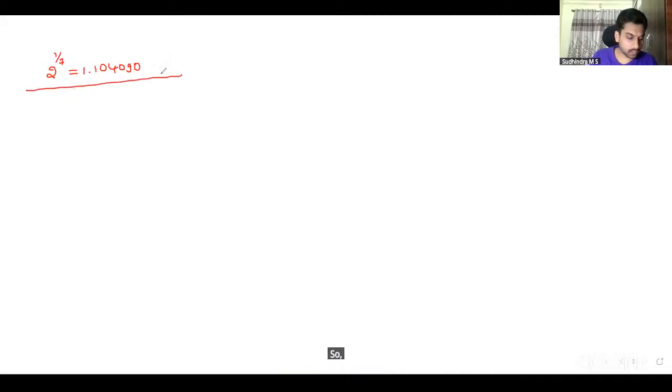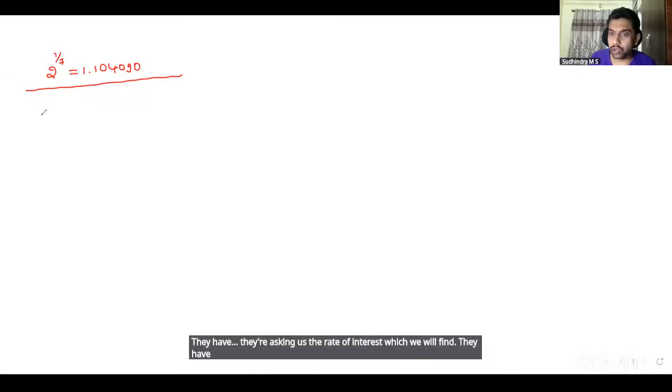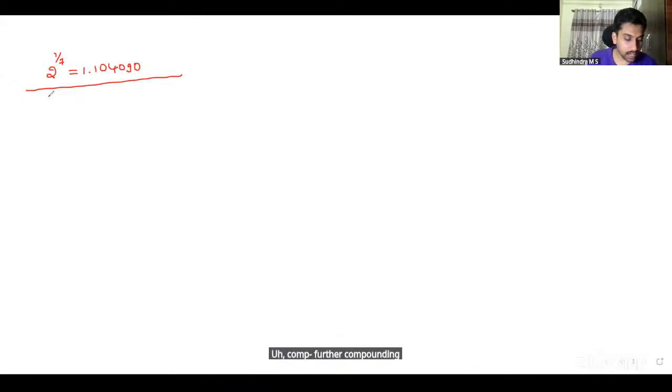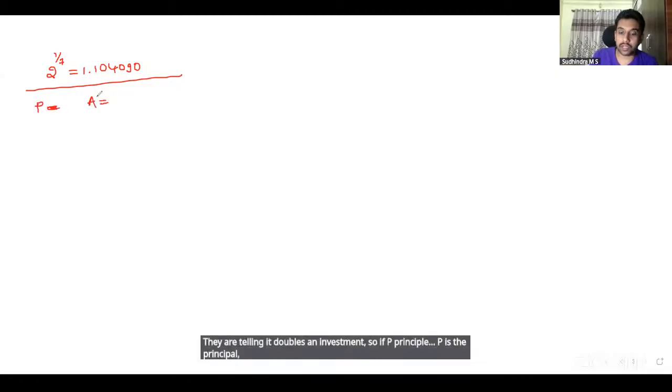So, what have they given us? They're asking us the rate of interest, which we will find. They have specifically said compounded annually, so no further compounding discussions. They are telling it doubles an investment. So if P is the principal, what would be the amount?